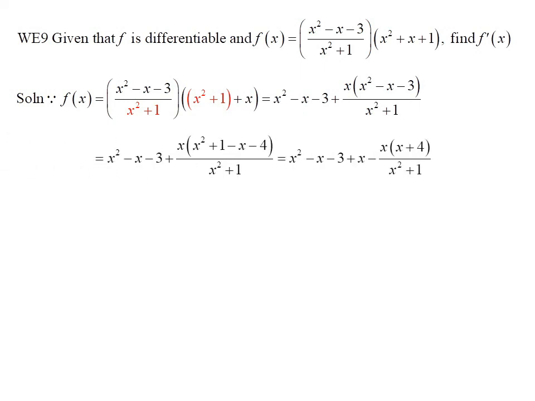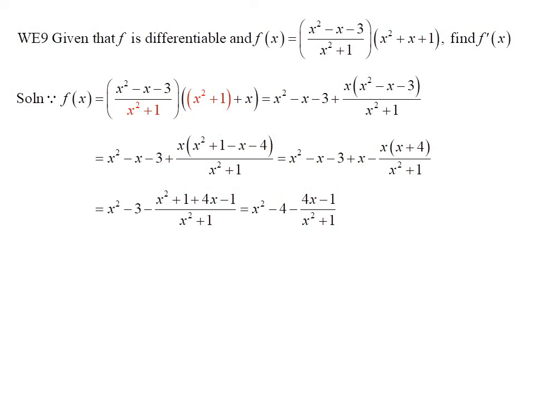After being expanded, it becomes x squared minus x minus 3 plus x times x squared minus x minus 3, all over x squared plus 1, which can be further simplified to x squared minus 4 minus 4x minus 1 all over x squared plus 1.